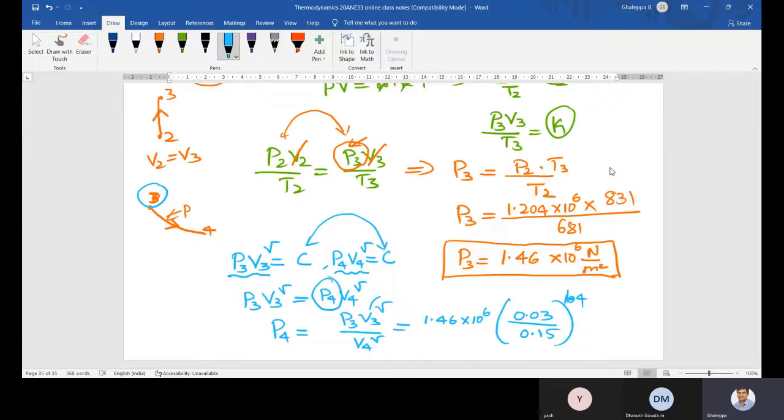I am getting 1.54 into 10 to the power of 5. I hope you also get the same answer. P4 is equal to 1.54 into 10 to the power of 5 Newton per meter square.